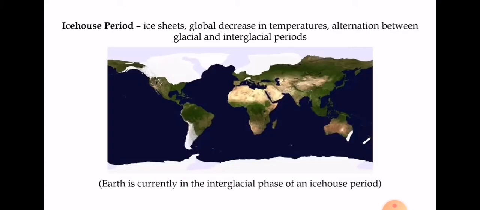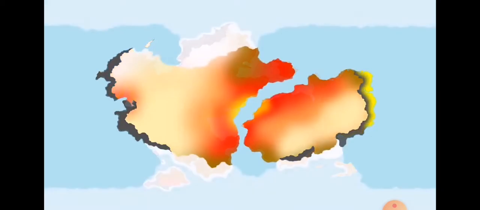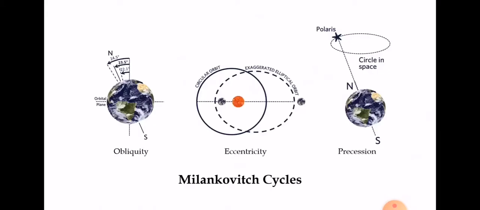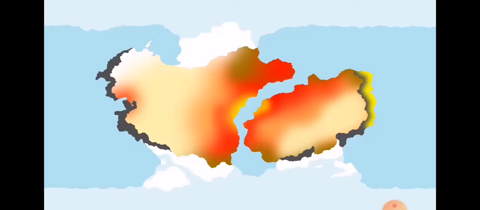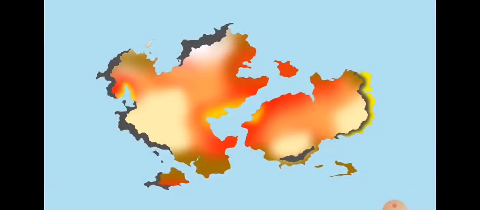But as the planet cools, a cycle of glacial periods may begin, wherein for intervals spanning roughly 100,000 years, the global temperatures will drop by several degrees, sea levels will fall by as much as 100 meters, and ice sheets will advance from the poles and intrude into the temperate zones. Due to subtle changes in the planet's orbit, these glacial periods will be punctuated by relatively warm interglacial periods, each of which may last several tens of thousands of years.